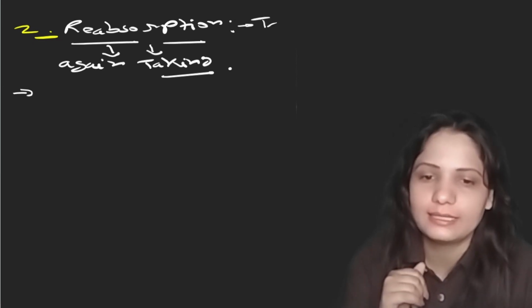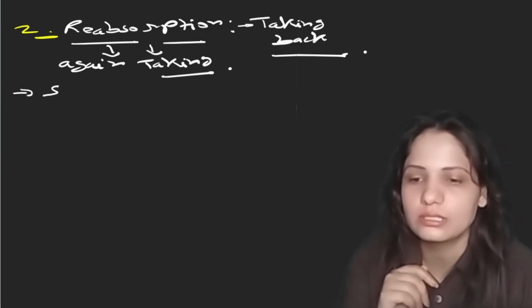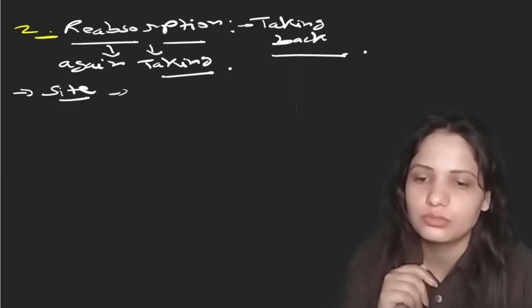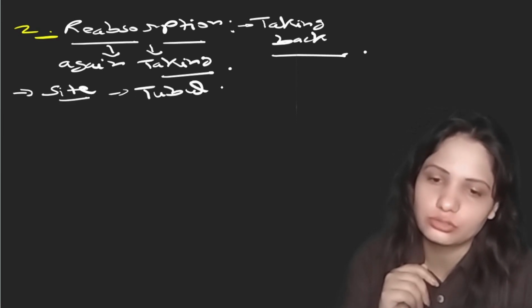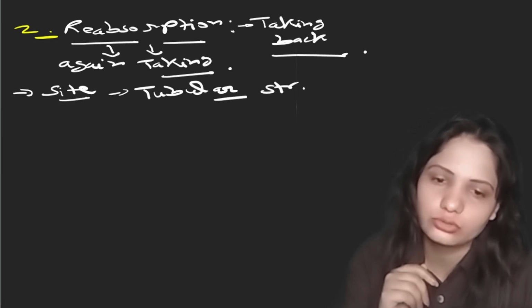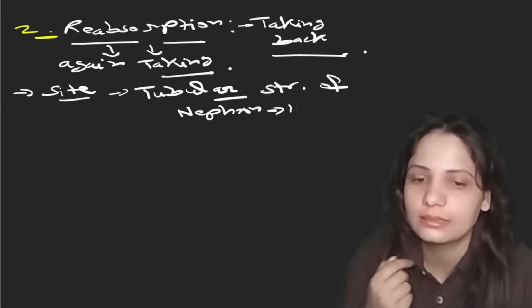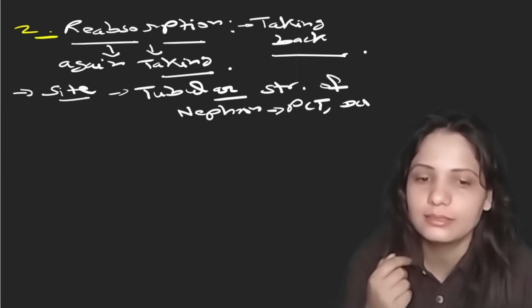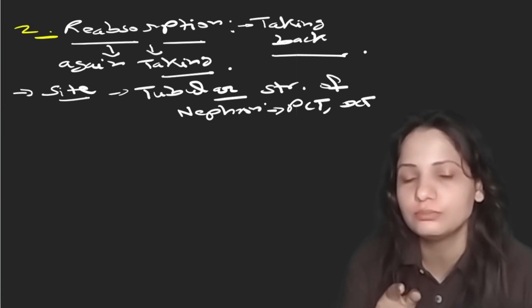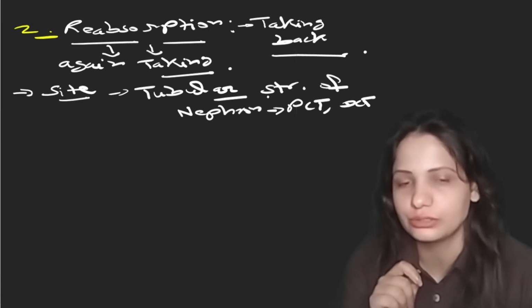The site of this process is the tubular structure of nephron, which means PCT and DCT: proximal convoluted tubule and distal convoluted tubule.